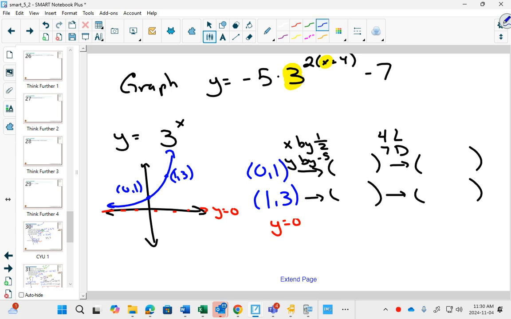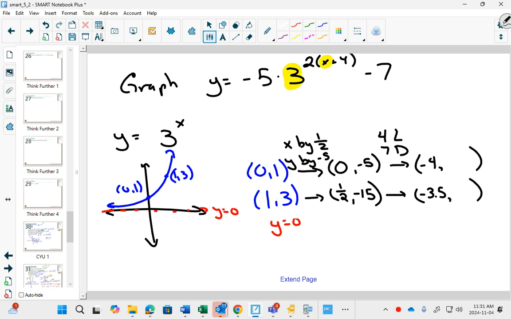So let's see where our new points end up. X by a half is 0 and 1/2. Y by -5 would be -5 and -15. 4 to the left would give me -4 and -3.5.